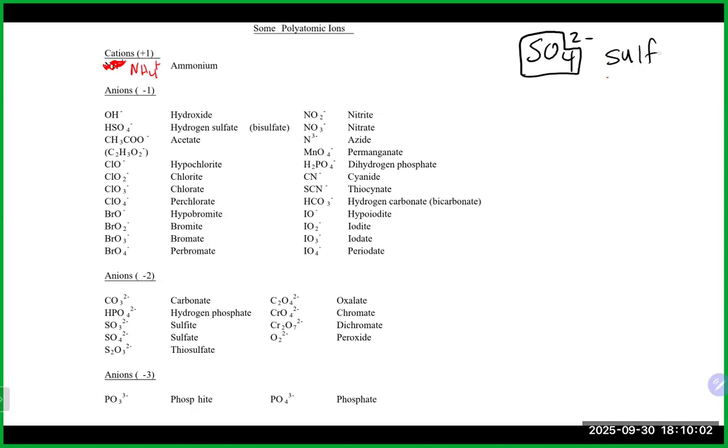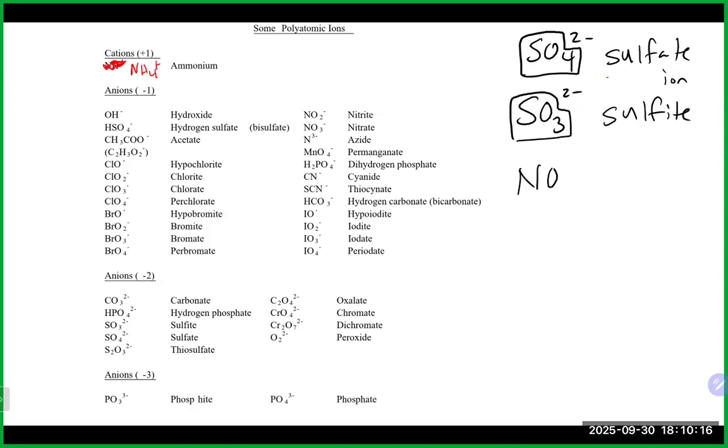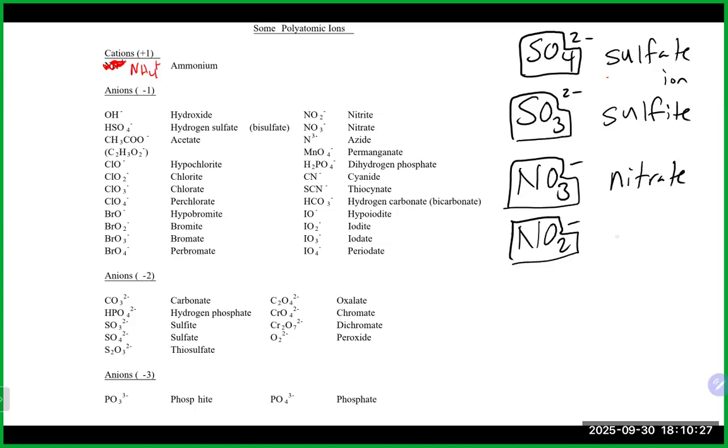That is the sulfate ion. If you look at SO3 2 minus, that is 1 sulfur and 3 oxygens with a -2 charge. That is the sulfite ion. If you look at NO3 minus like we just did, that is our nitrate ion. NO2 minus, that is our nitrite ion.